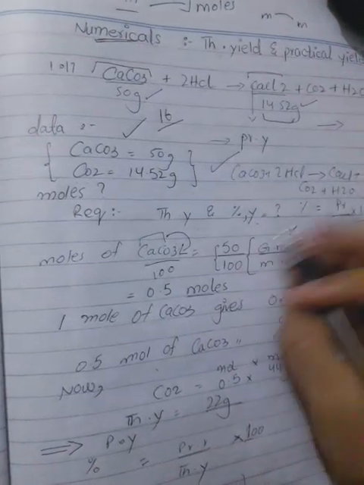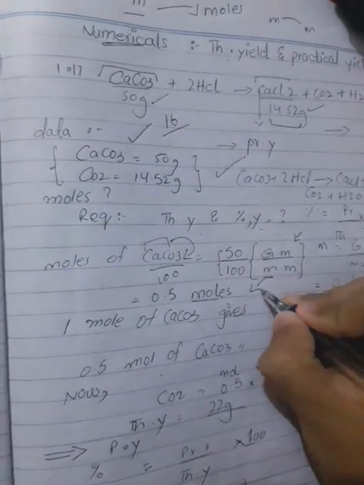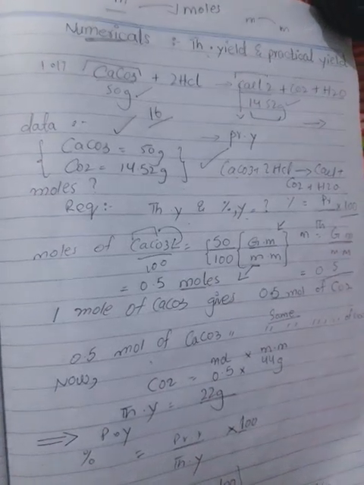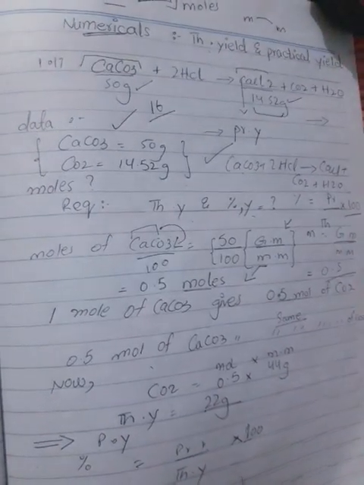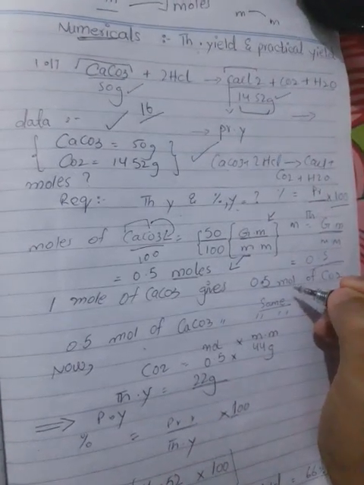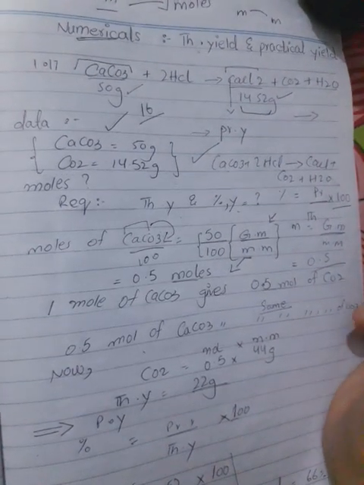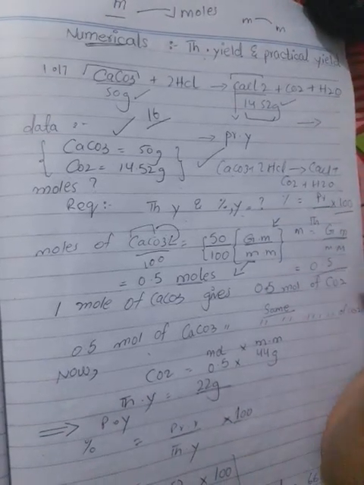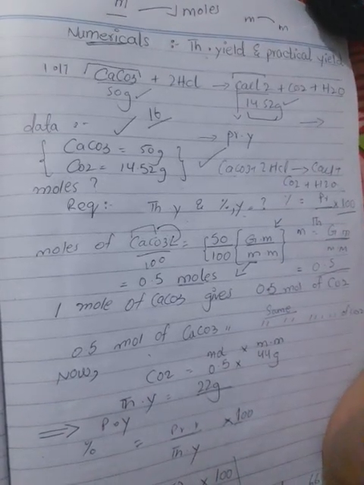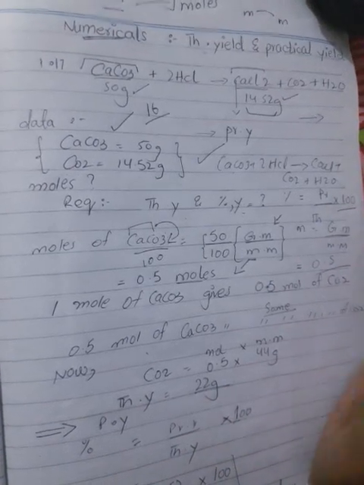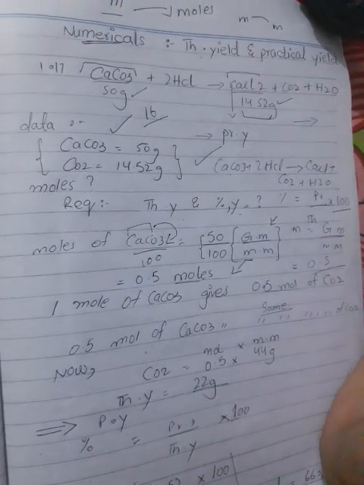Simply divide them and have your answer, that is 0.5 moles. Now, 1 mole of CaCO3 gives 1 mole of carbon dioxide, so what value will 0.5 mole of CaCO3 give for carbon dioxide?